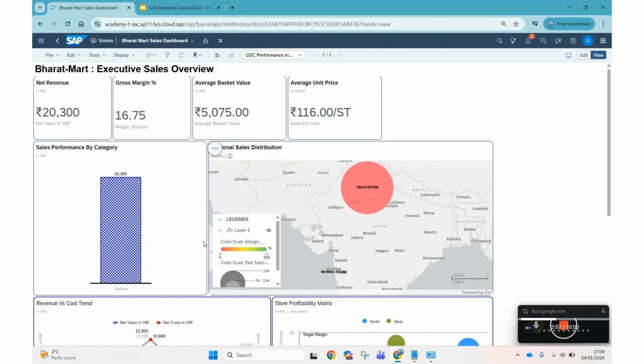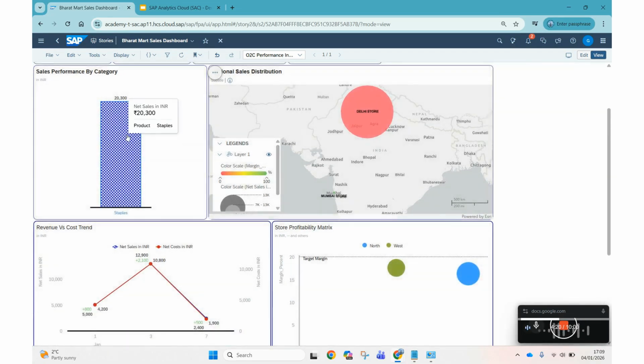So now you can see the total net revenue only for the staples product category is 20,300, and the margin percentage only for this particular product category is 16.75. The average basket value for this is 5,075, and 116 is the average unit price. So all the data on my dashboard got filtered based only on this particular product category.